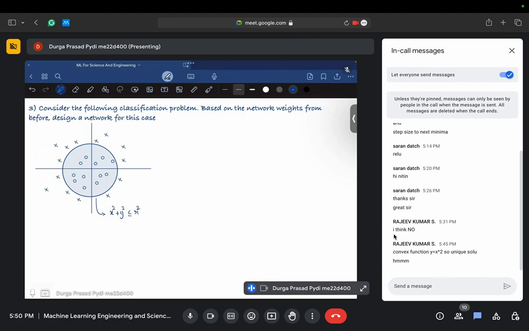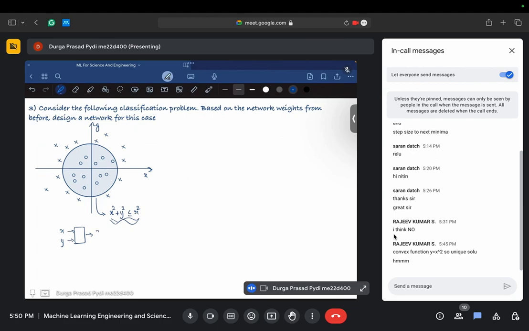So if x and y are my axes, what I am trying to do is I will feed x and y to my neural network as input. Then I am assuming that the weights inside will give me a relation of this form.